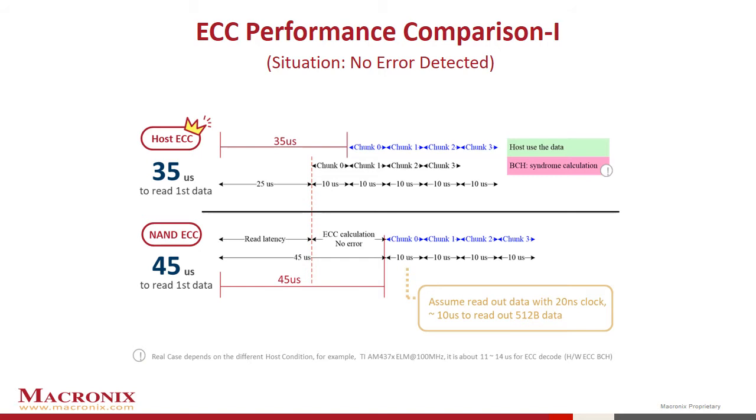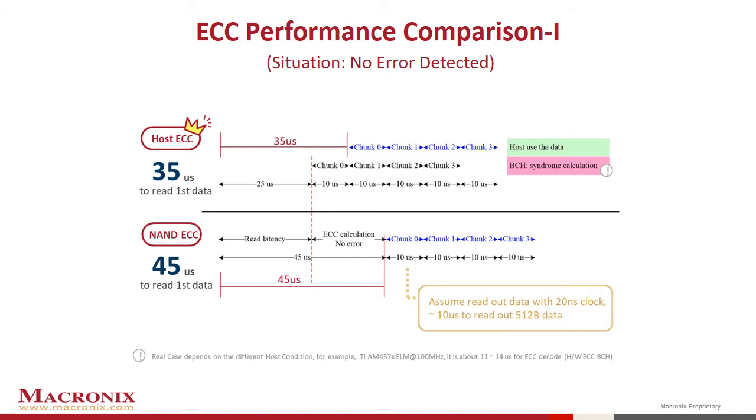The latency is calculated by adding the time to load the data into the buffer, perform the ECC, and read out the data. The diagram on the top represents the time to read data where the ECC is handled by the host.